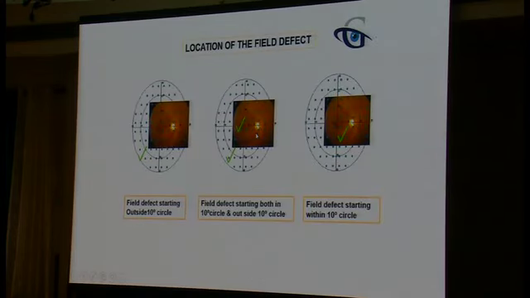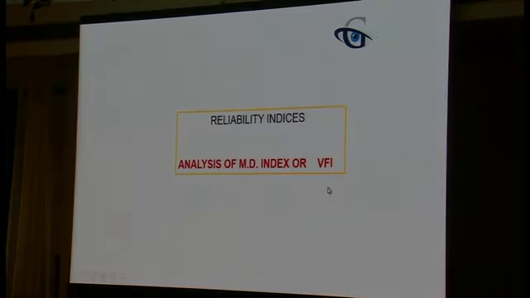So the most important point is, what is the clue to ask for 10-2 in 24-2? The most important thing is examination, the nerve fiber layer defect, and also see the retinal sensitivity of all these 16 points within 10 degrees. The most important part in glaucoma is the location of the field defect, whether it is occurring within 10 degrees, outside 10 degrees, or simultaneously within and outside 10 degrees.